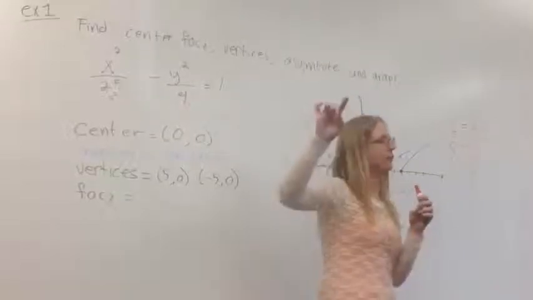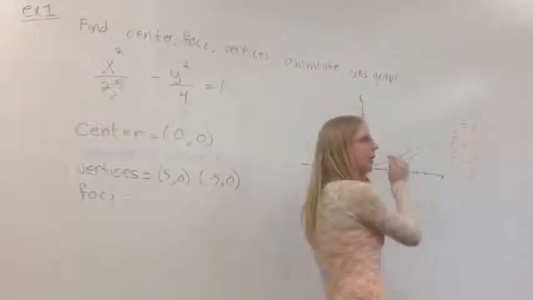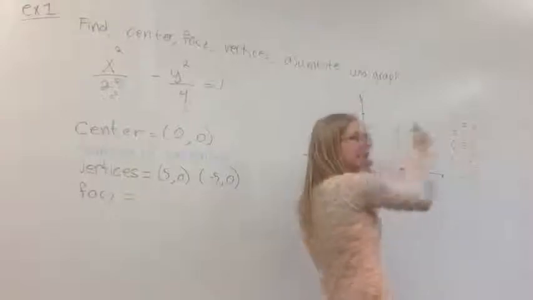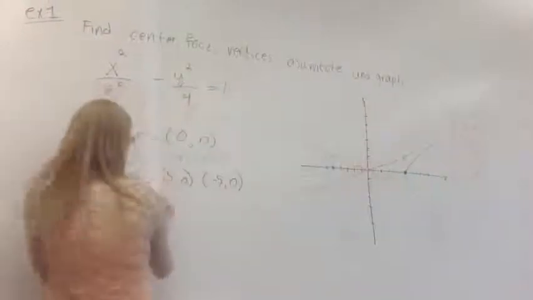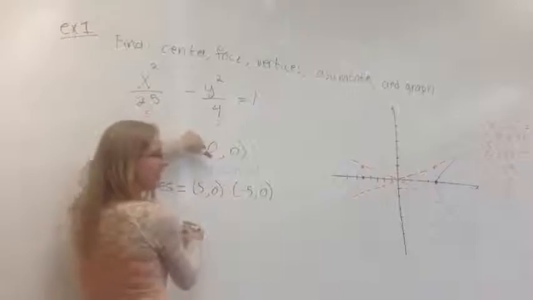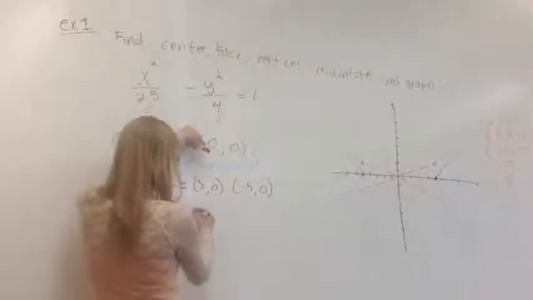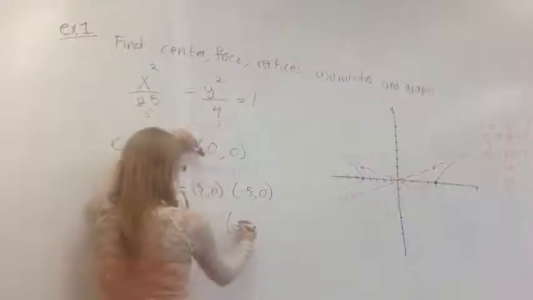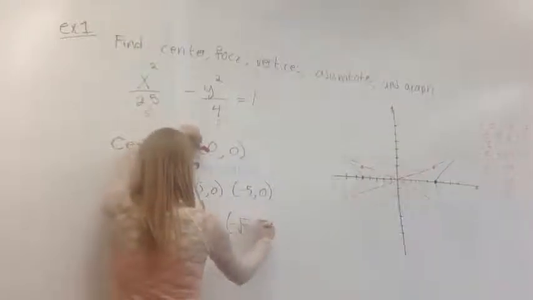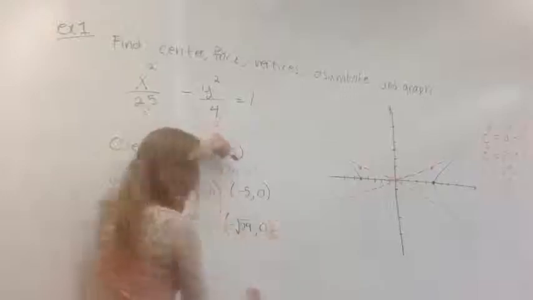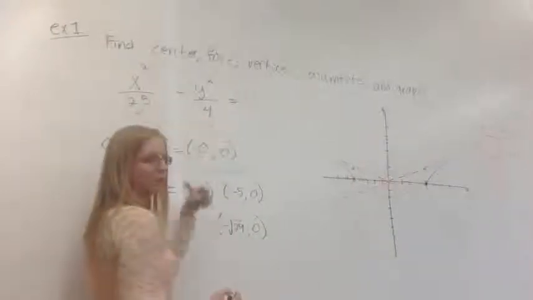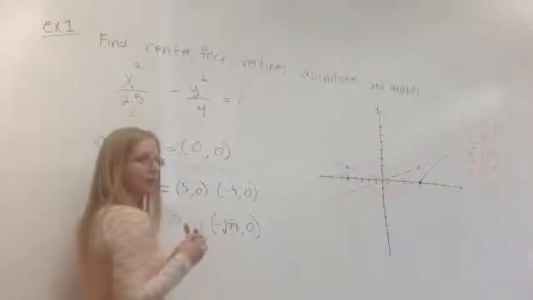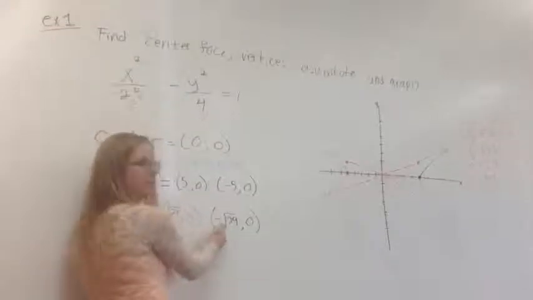You could have looked at the formula, sure, but that formula is not helpful. Just think it through logically. It's the x-coordinate that changes, which means for my foci, my center's x-coordinate plus my c value, and the y-coordinate stays the same. The x-coordinate minus my c value, and the y-coordinate stays the same. Can you guys see that okay? And by the way, that was where I used the plus or minus.